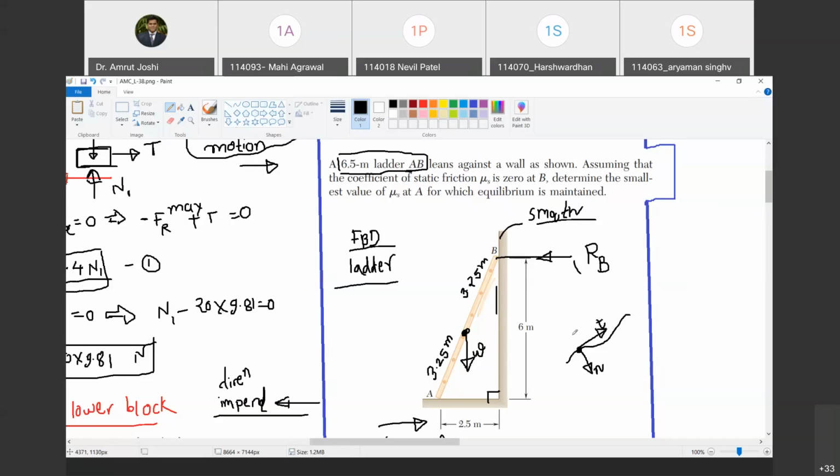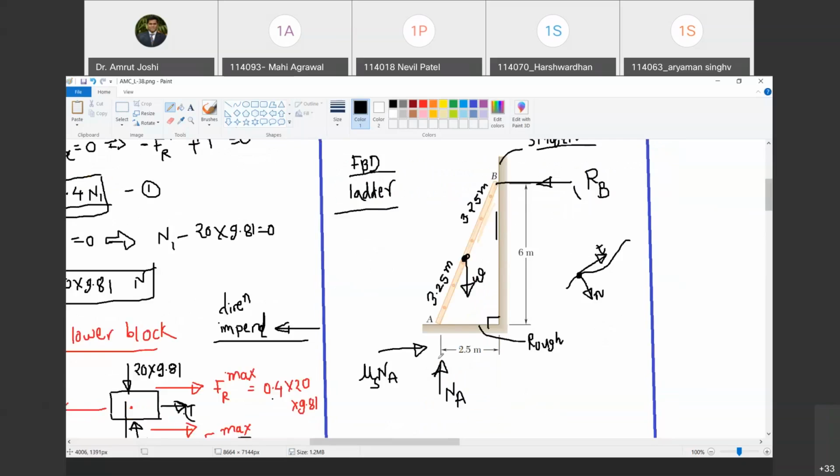Now let us look at the other point. However, at A, the coefficient of static friction is non-zero. So that means the floor is rough. Wall is smooth, but the floor is rough. Now in this case, let us see who is in contact with what.